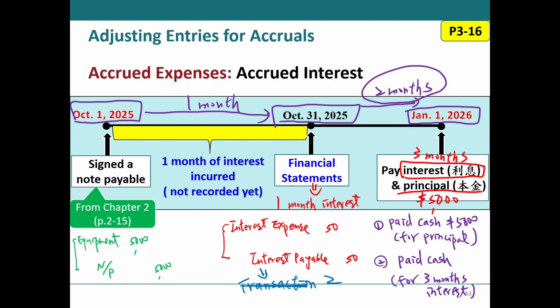Because 1 month, $50. 1 month, $50. 3 months, of course, $150. Okay? So total money you should pay is these 2 money. So far, any questions? No problem? Okay.